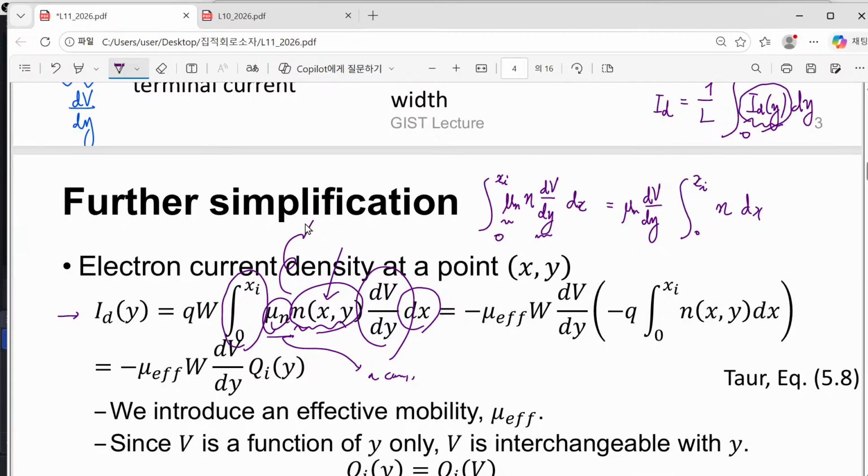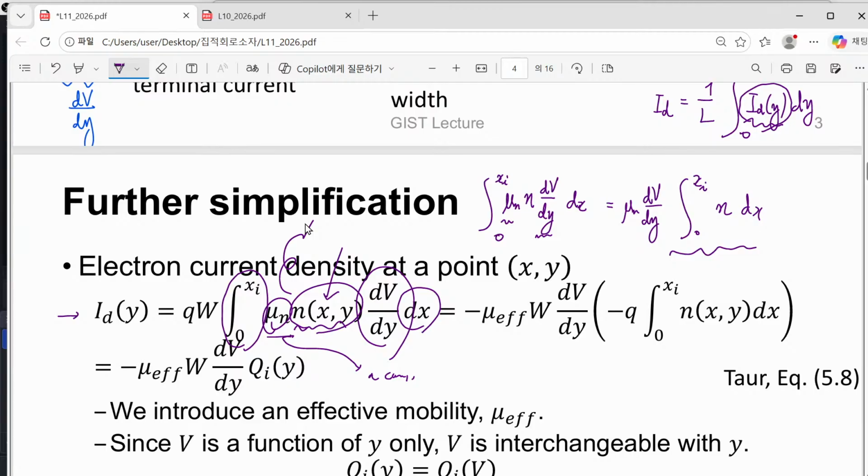The vertical integration of electron density is shown here. Let me make an analogy. Here we have a classroom with many tables and many chairs, and you are placed at a lattice point. In the first row, how many students are there? In the second row, how many students? Third row, fourth row. If we add the numbers all together, then we can eventually calculate the number of students in this room.